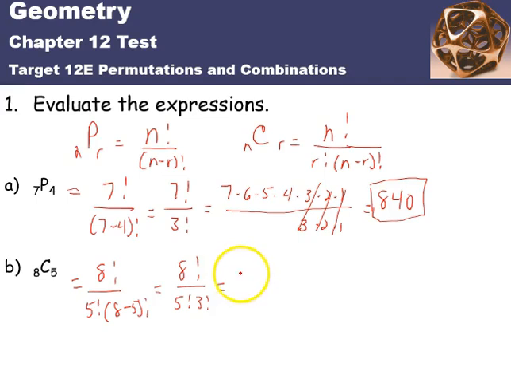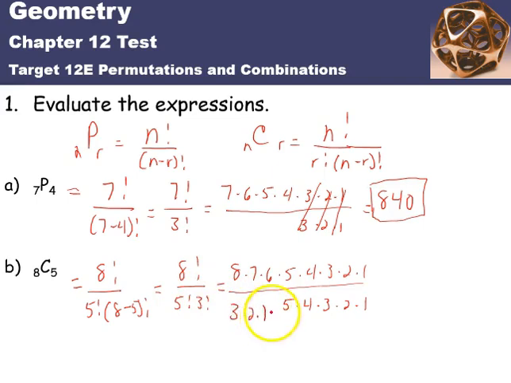Okay, so 8 factorial is 8 all the way down to 1, and 5 factorial is 5 all the way down to 1. So I could have gotten away with just writing 8, 7, 6 on top, and then the 3, 2, 1 for 3 factorial on the bottom, because these are always going to cancel. But if I write them all, that's okay.